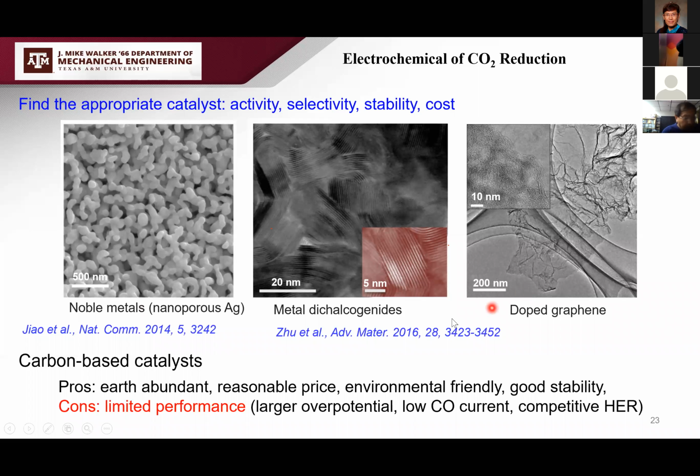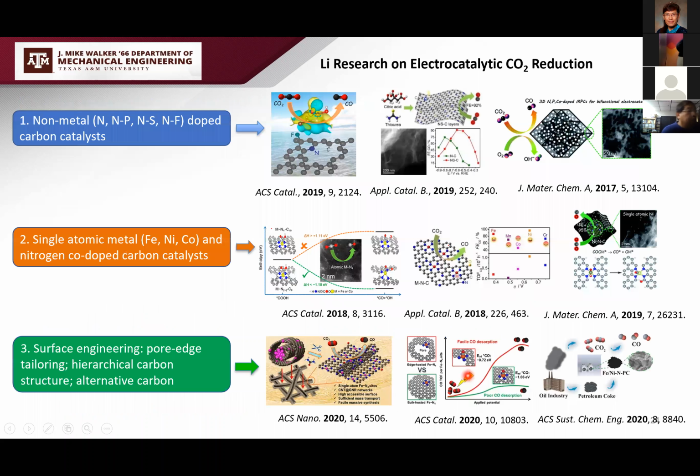So again, working with carbon, we also need to look at these issues of overpotential, the current, and the competitive hydrogen evolution. To address these challenges, we are focused on three parts. One is doing some doping on this carbon catalyst. Nitrogen is a well-known dopant, but we're also looking at other non-metal dopants like phosphorus, sulfur, and fluorine.